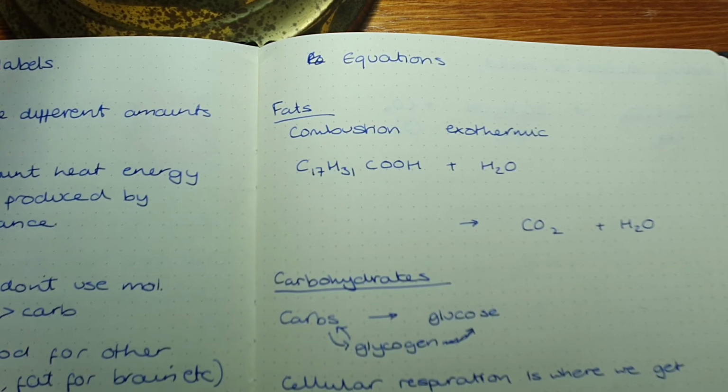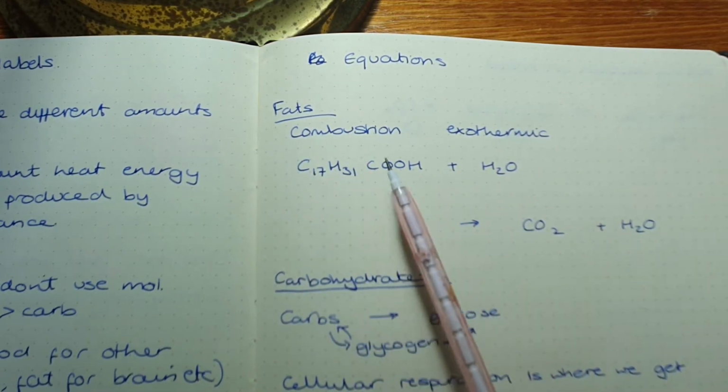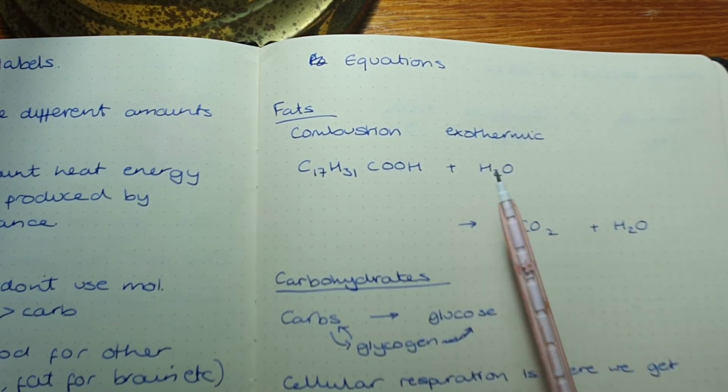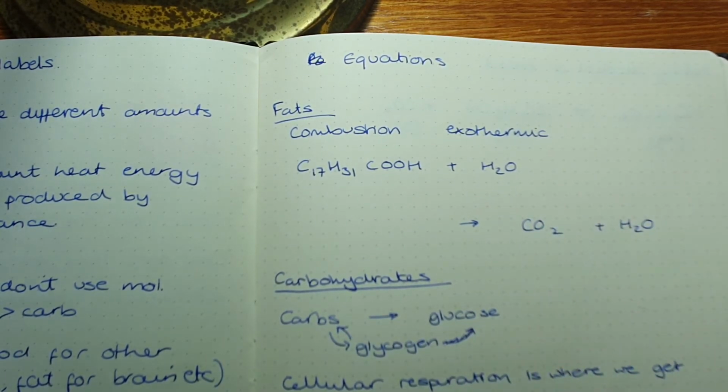I think some of you might have to do some balancing practice over the holidays. Maybe these fats are a good way to start. So any fat, we're just looking at this kind of combustion reaction, and it's going to be exothermic, which means that we have a negative delta H. I'm not including that here because I wanted to give myself some room to show my balancing.